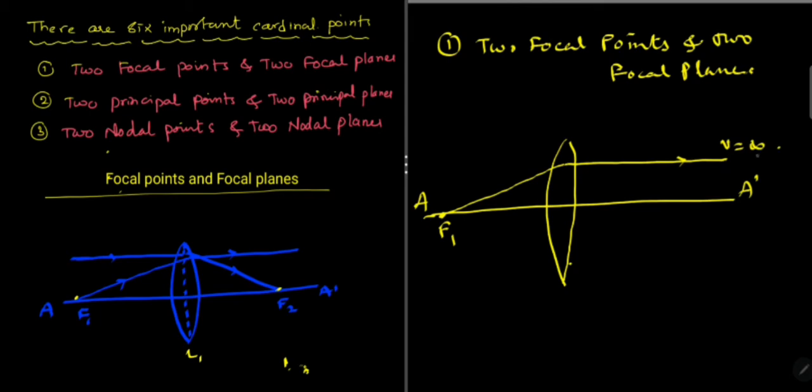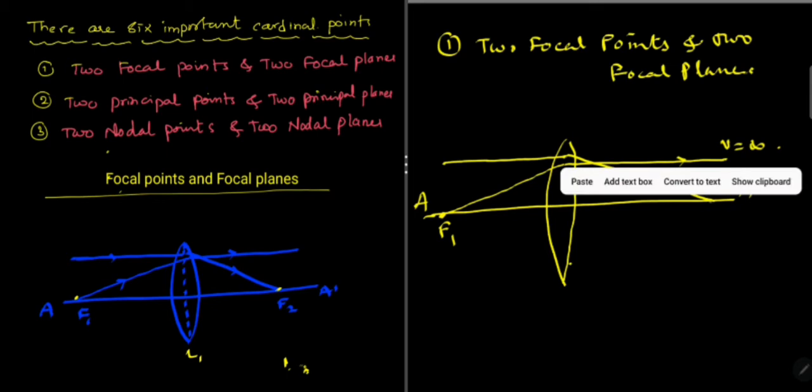Another ray we will take is incident parallel to the principal axis. After incidence on the first surface it is refracted through the second surface, and the refracted light meets the principal axis.